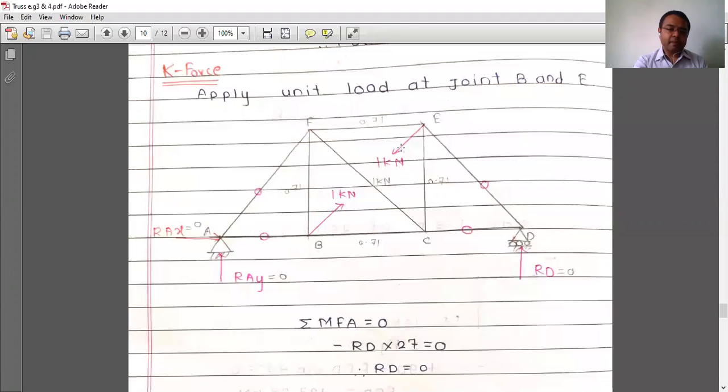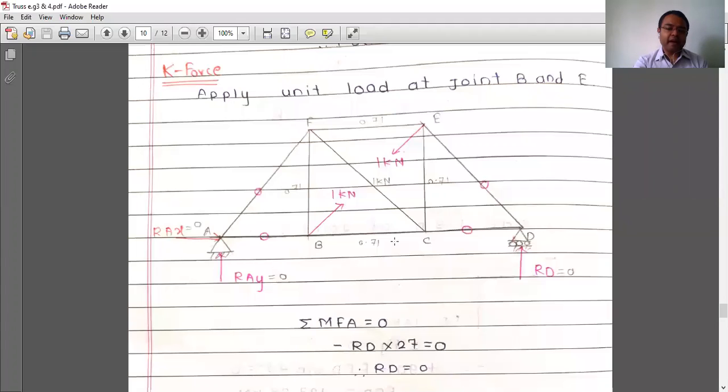Okay. Now after provision of this unit tensile force, we'll analyze this truss. That means we'll find the forces in the members of the truss. Of course, before finding the forces in the members of the truss, first of all, we have to find the support reactions.